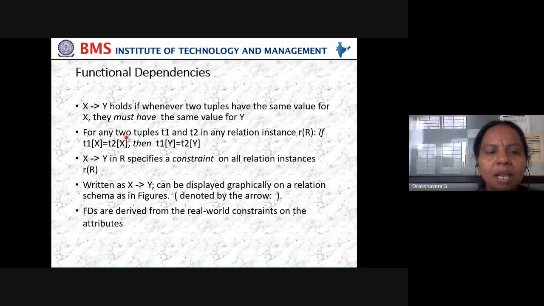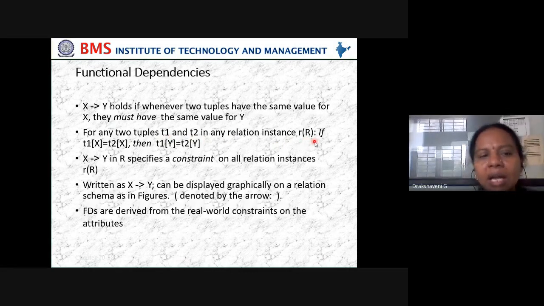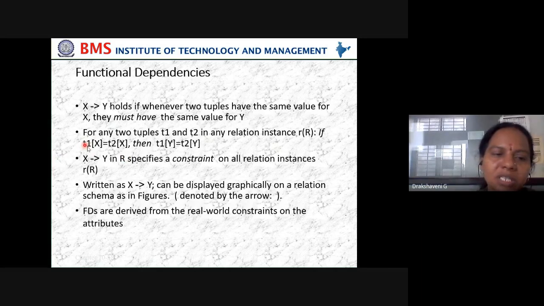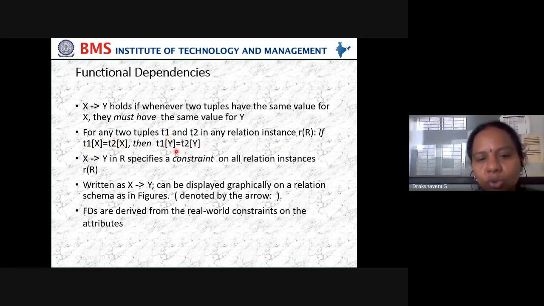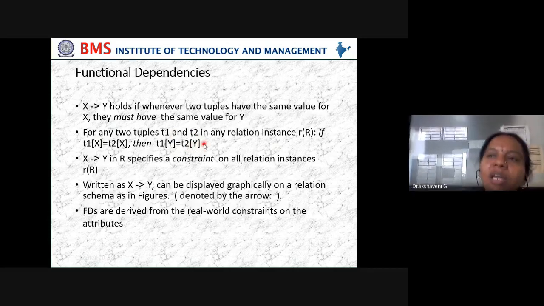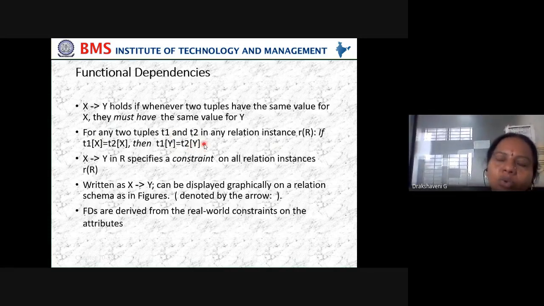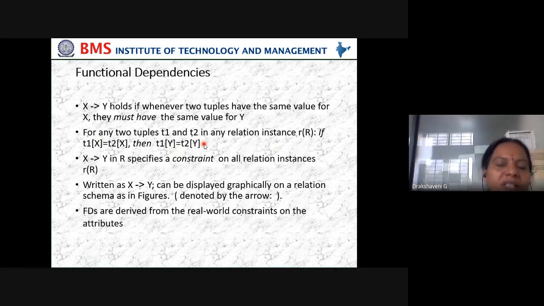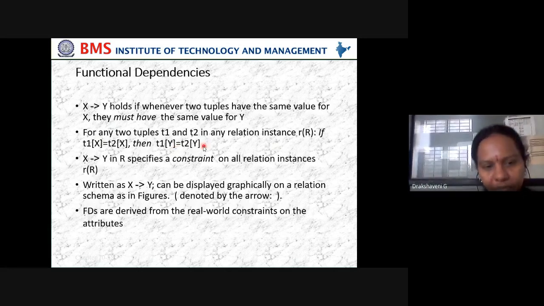For example, two tuples T1 and T2 in any relation instance R of R: if T1 of X is equal to T2 of X, and this is true, then T1 of Y equals T2 of Y should also be true. Means if Asta has two rows, with her 31 marks, 31 marks, 32, 32, like this, then her USN should also be the same.